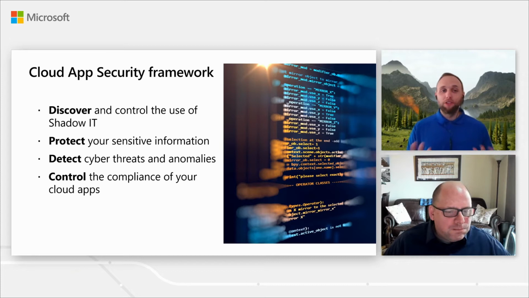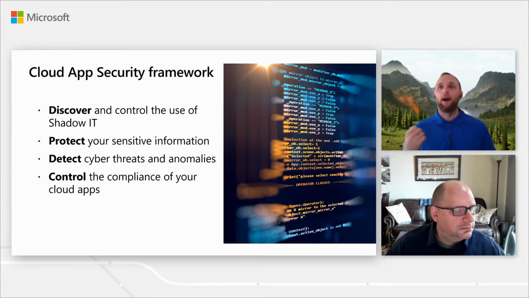So I personally believe that discovering this use of shadow IT really leads into these next three: being able to protect your sensitive information, whether it's in meetings or being done through collaboration services; detecting those cyber threats and anomalies, often occurring through some of our most social services, whether it's mail or attachments being shared; and then being able to control the compliance of these cloud apps.